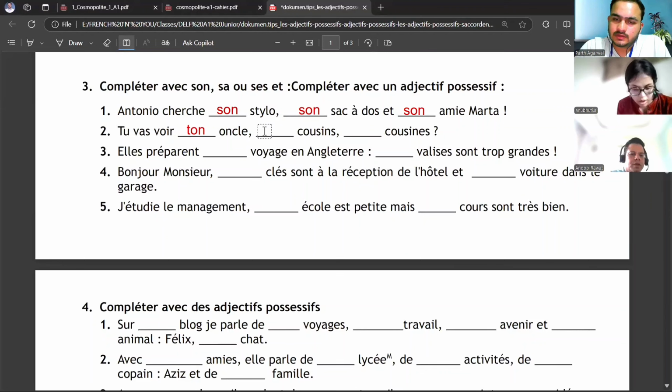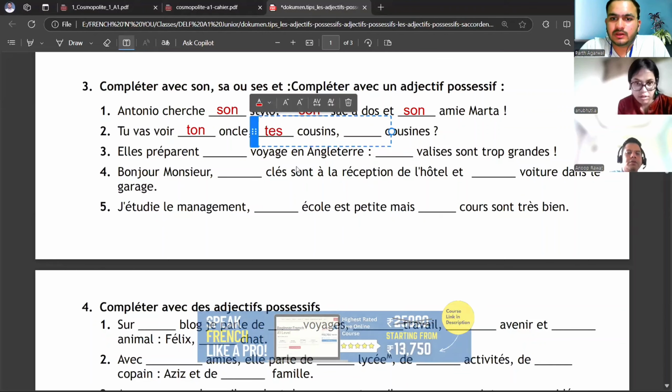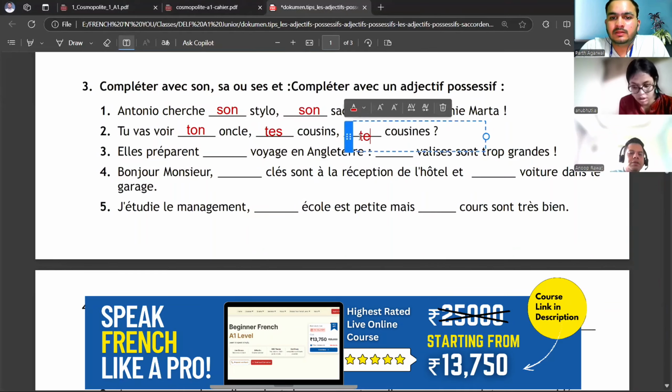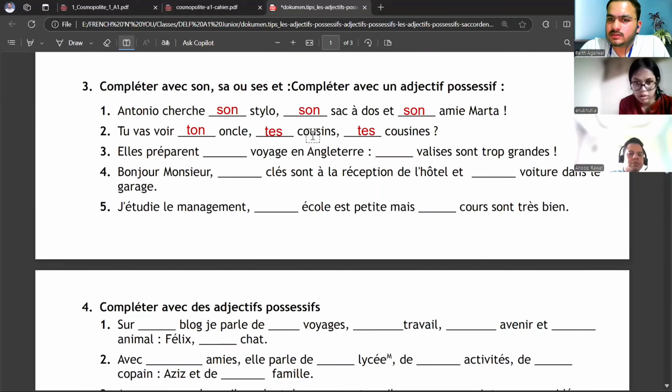Then what about next? Tes cousins et tes cousines. Cousin and cousine. Cousins are the male cousins. Cousines are the female cousins. Okay. All right. Next one.